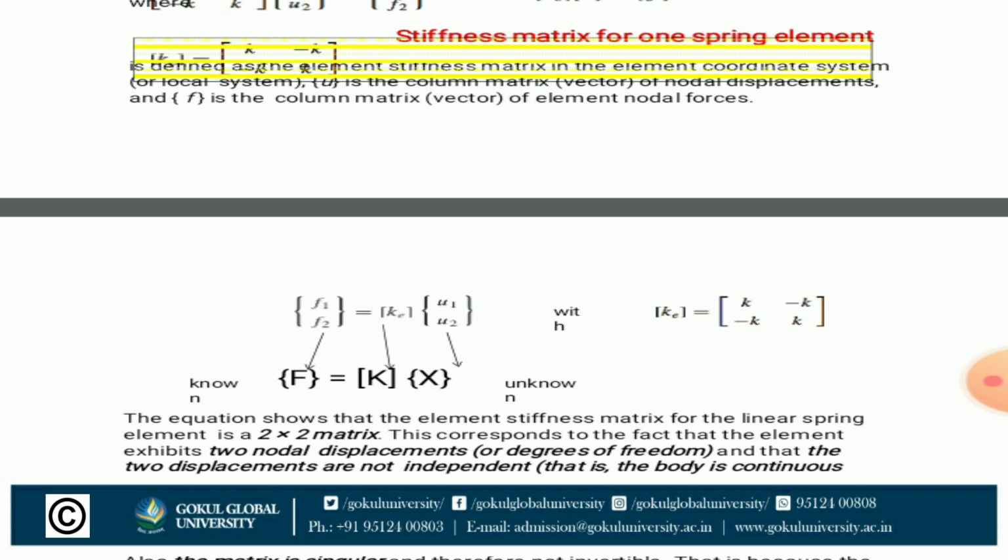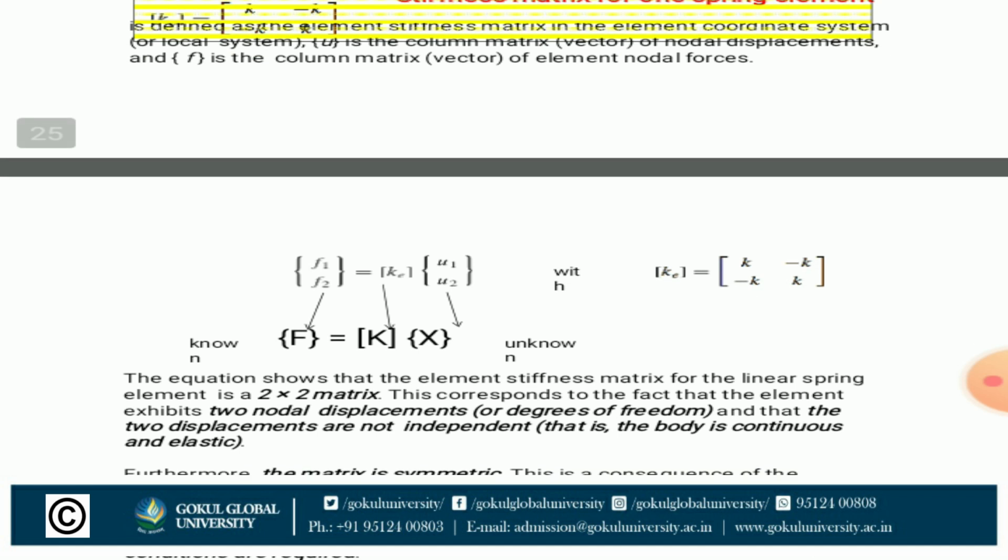This corresponds to the fact that the element exhibits 2 nodal displacements, or degrees of freedom, and the 2 displacements are not independent, since the body is continuous or elastic.